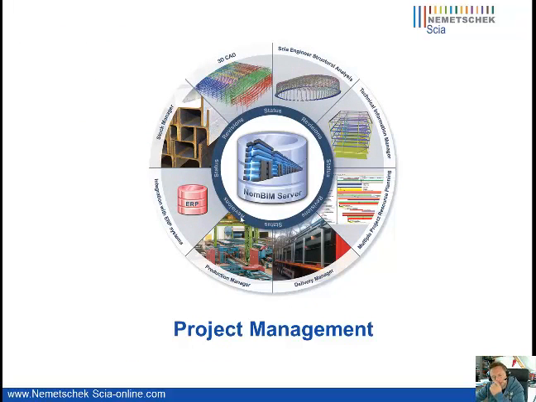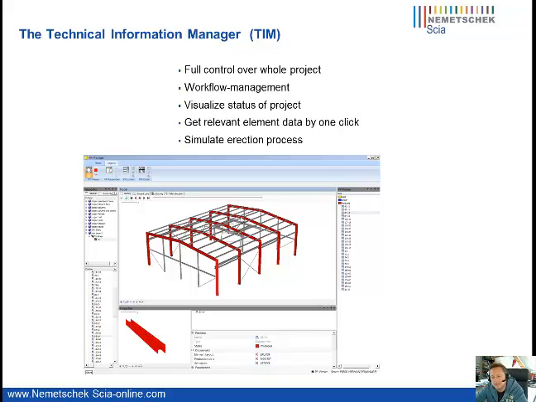Now, to control and to plan and to use this planning, it's important to have project management tools. First of all, in the system we have full control on all items that are available in the database, in the model. We have all information going from geometry to drawings.